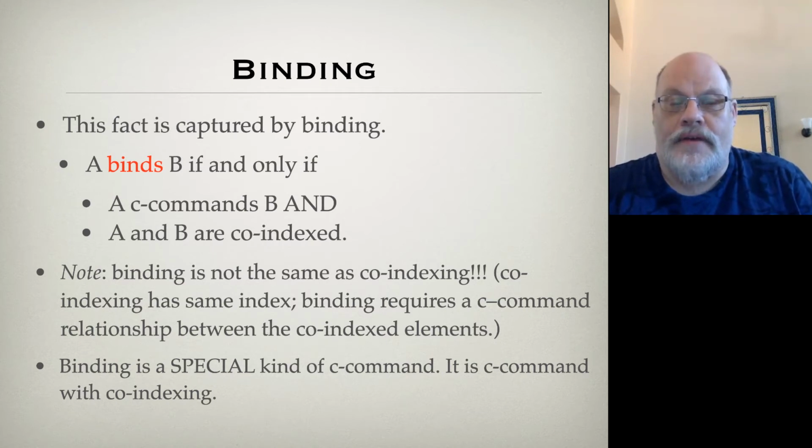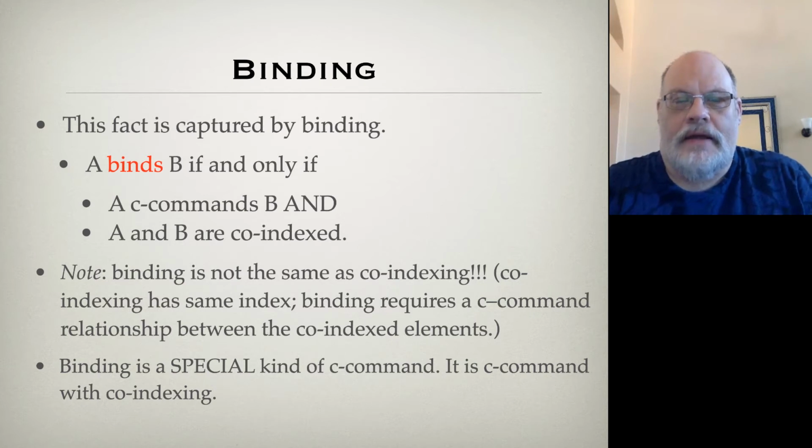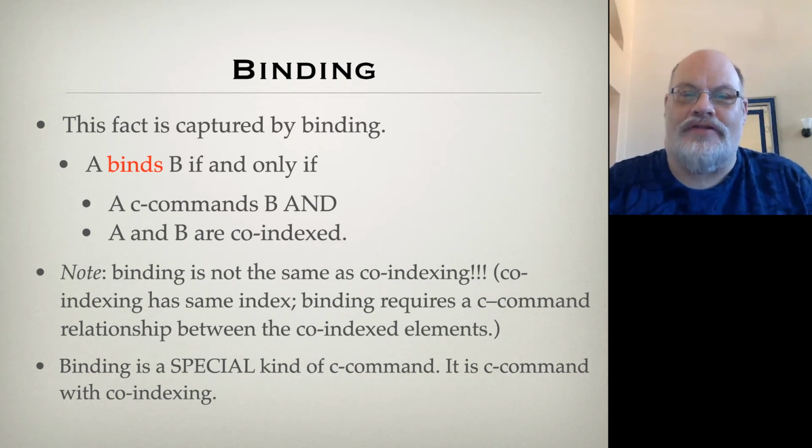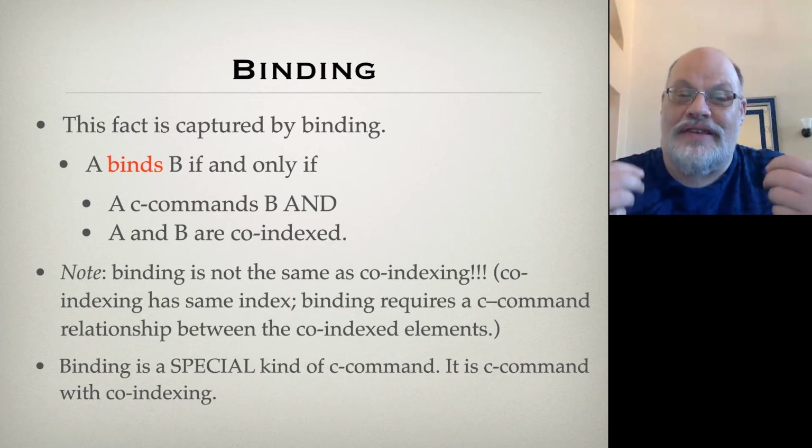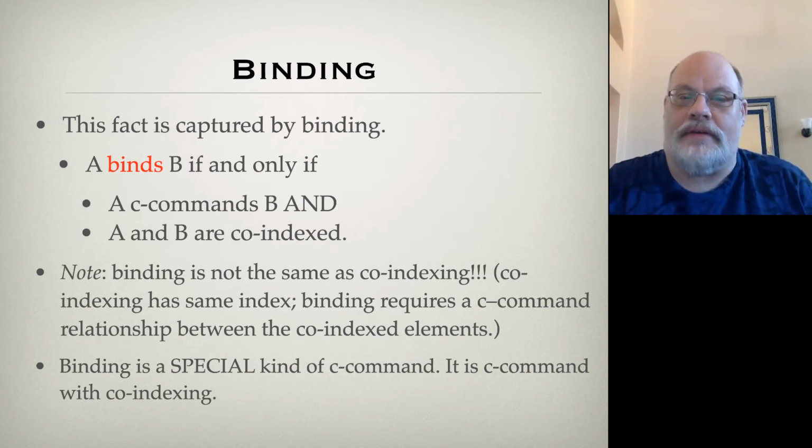Now, this is often something that is confusing for beginning syntacticians. They forget that when we're talking about the relationships between anaphors and their antecedents, it's not just co-indexing. It's C command. And it's not just C command, it's also co-indexing.